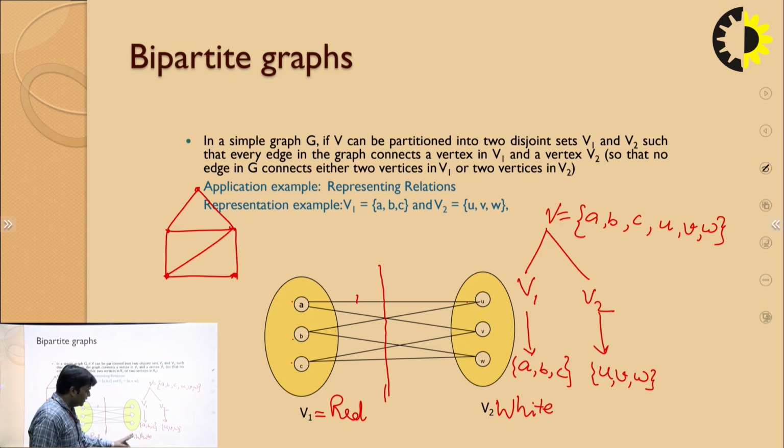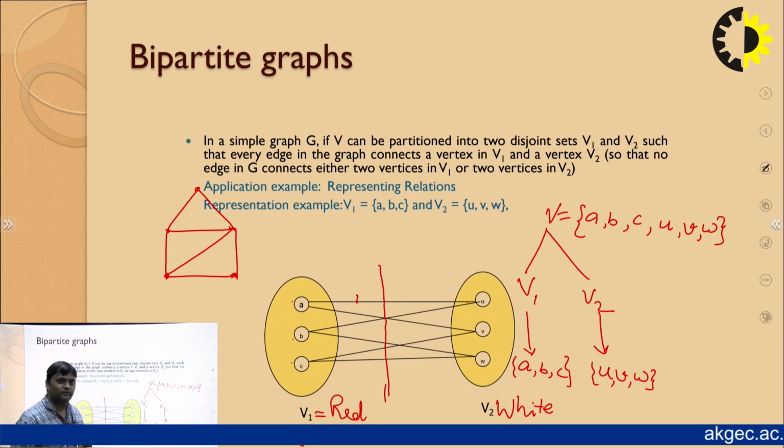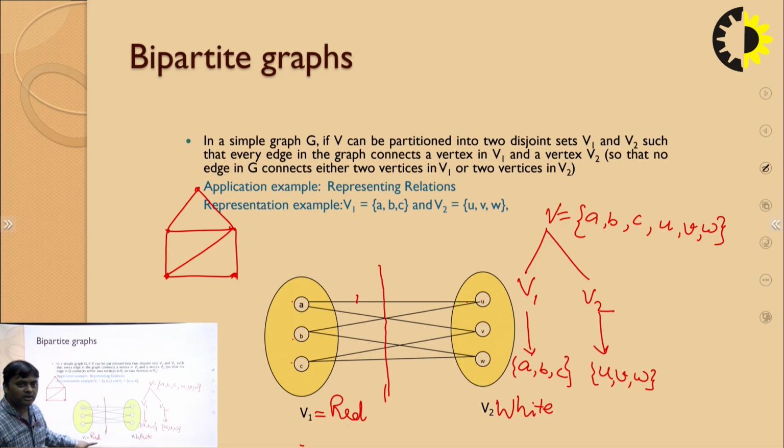All vertices of V2 are assigned white and all vertices of V1 are assigned red. We can see that no adjacent vertices have the same color. A is adjacent to U and V, and these nodes have white color, and A and B are not adjacent, so we can put the same color.